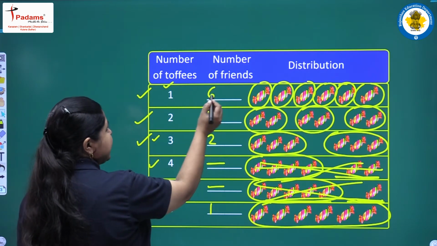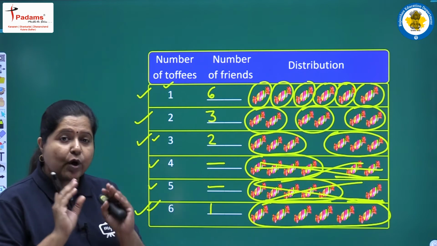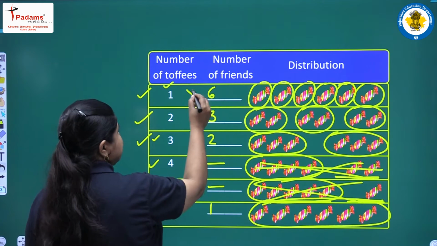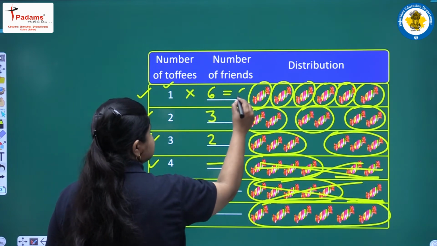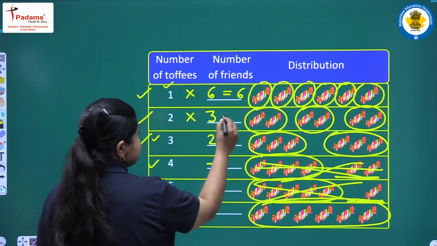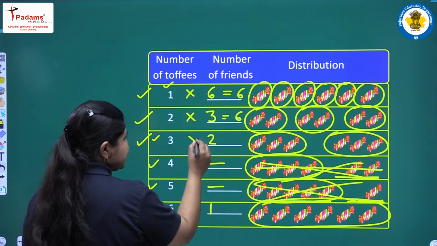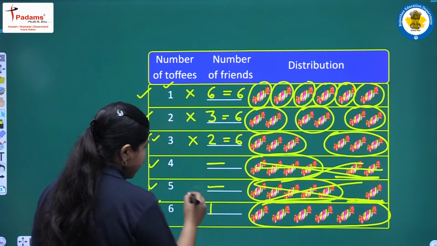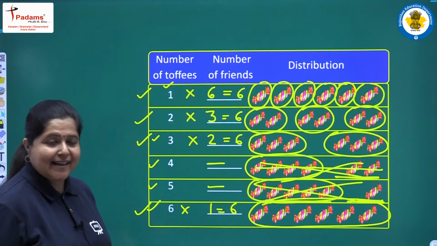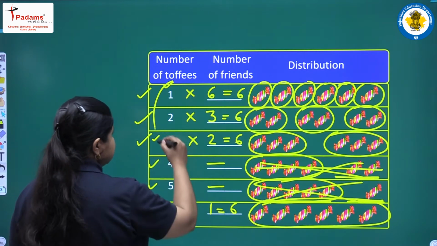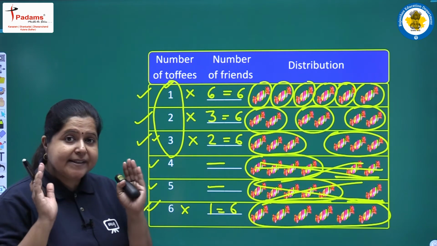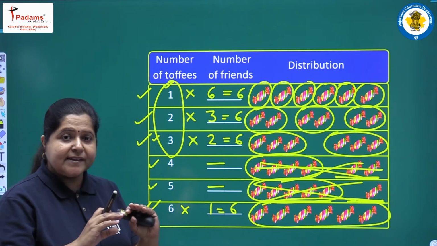Actually, you will find that these are smaller parts of the same number 6, and on multiplying these parts, we again get back the number 6. 1 into 6 is 6, 2 into 3 is again 6, 3 into 2 is again 6, and 6 into 1 is again 6. So actually these are smaller parts of the bigger number 6, subparts of 6.